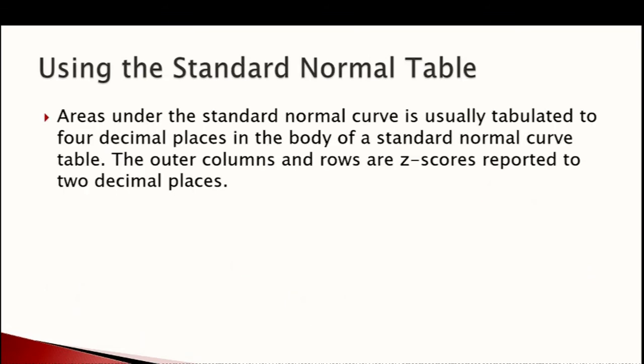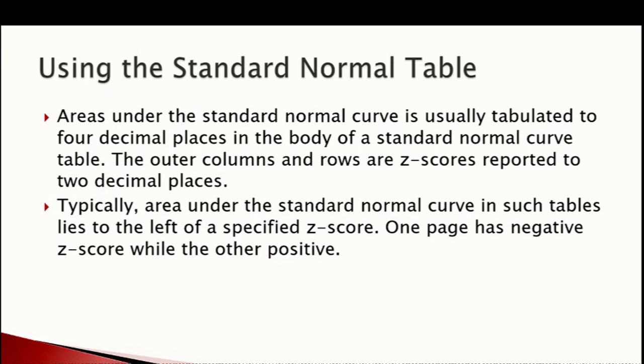Using the standard normal table, the area under the standard normal curve is usually tabulated to 4 decimal places in the body of the table. The outer columns and rows are the z-scores, usually reported to 2 decimal places.